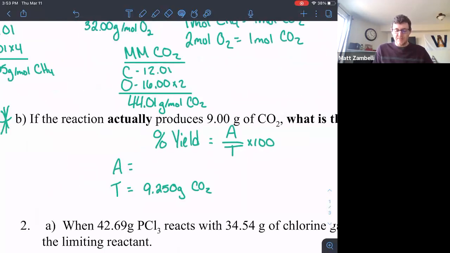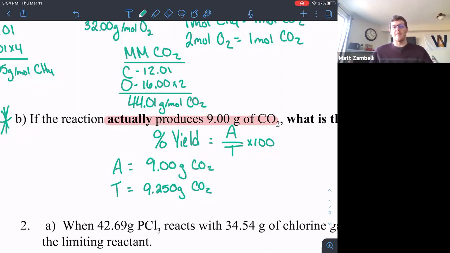But how much did we actually make during this reaction? We just made this 9 grams, exactly. So we actually made 9 grams. We were supposed to make 9.25 grams. So there is a difference.